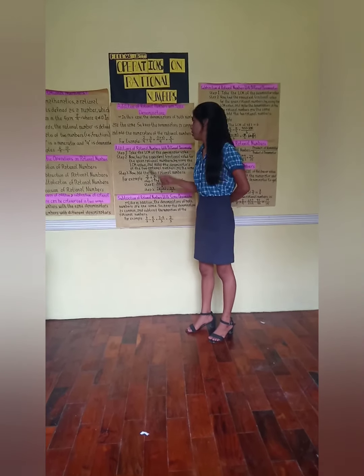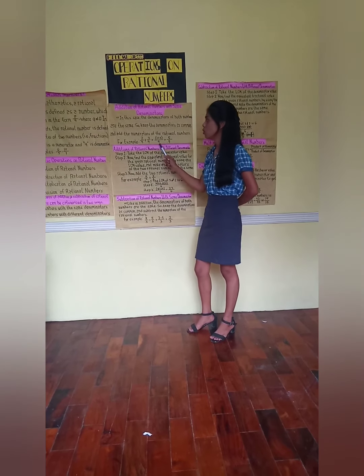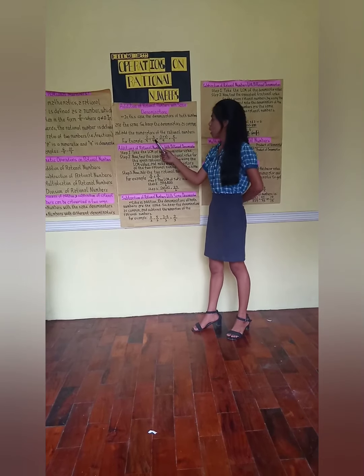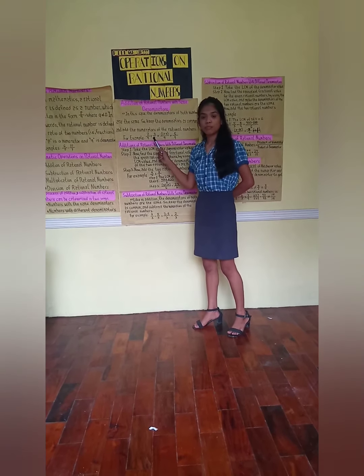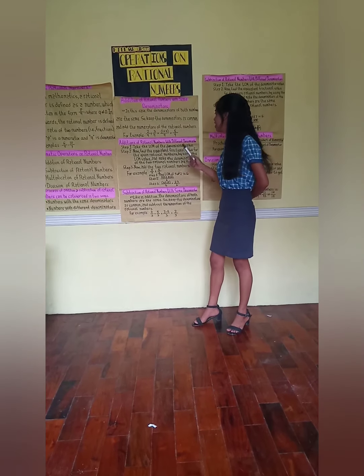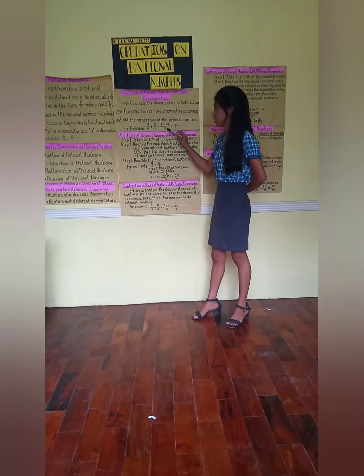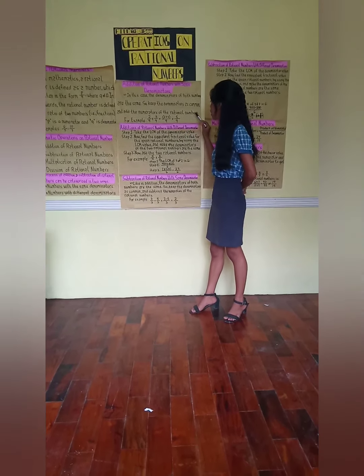For example, 2 over 9 plus 3 over 9 is equal to, so what is the denominator of this problem? Very good, 9. They are the same? Of course, they are the same. So let's keep 9 here and add the numerators of the rational numbers.